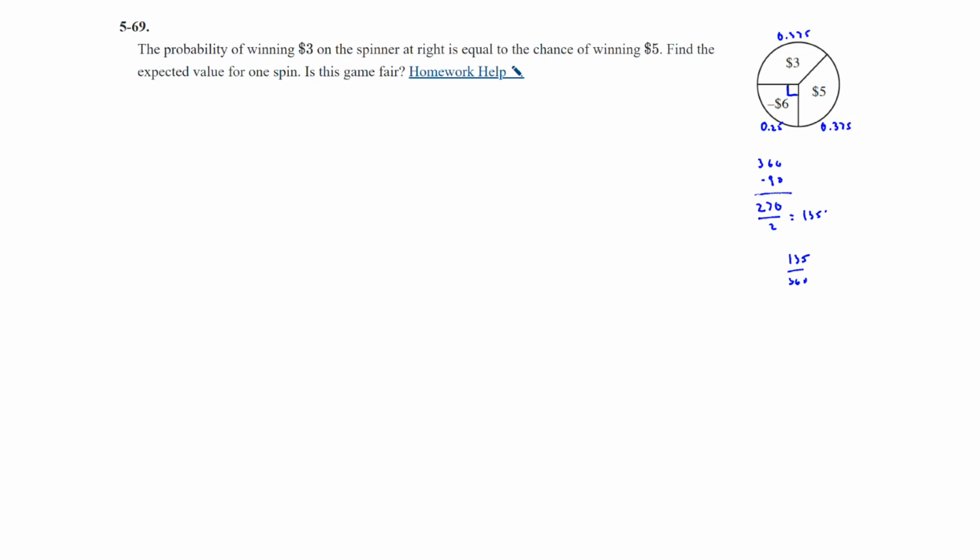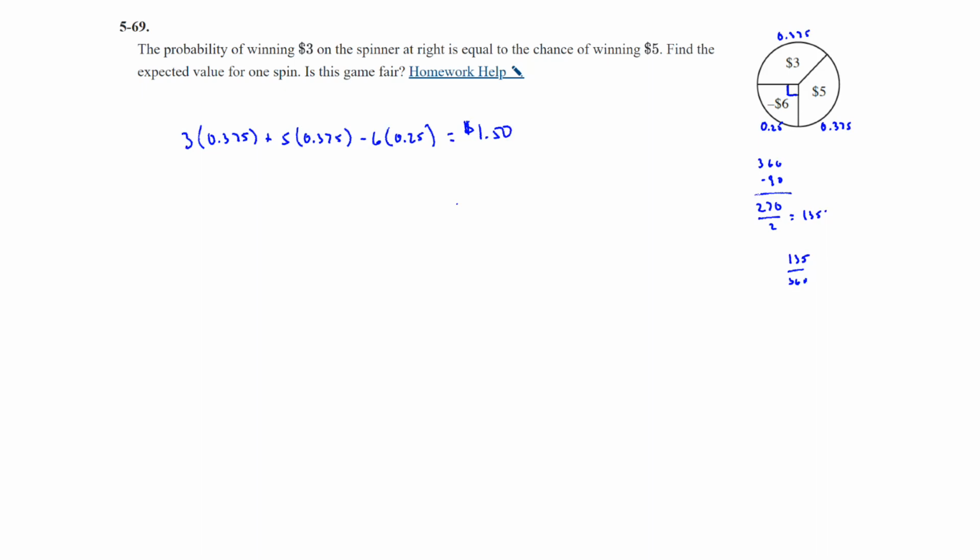And so we're trying to figure out, is the game fair and what the expected value is. Well, we're going to win $3 every 0.375, plus $5, same thing, but we're going to lose $6 for every fourth, or 0.25. So what does that add up to? And that is $1.50.